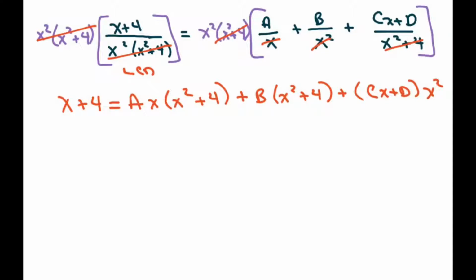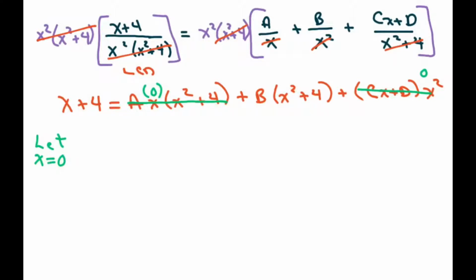All right, the first thing I'm going to do is let x be 0. What happens if I let x be 0? If I plug a 0 in this x, these two are going to cancel, because 0 times anything is 0.